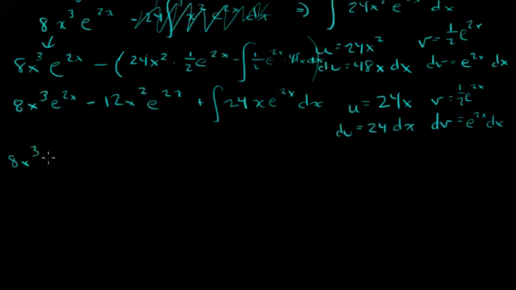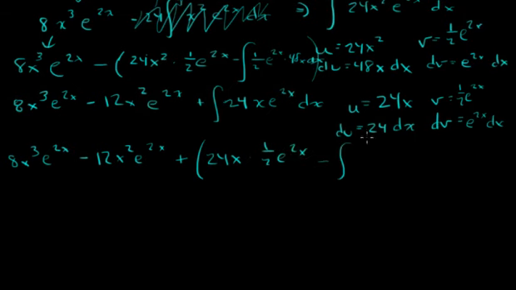Just writing everything again: 8x cubed times e to the 2x minus 12x squared e to the 2x plus, this is uv, 24x times 1/2 e to the 2x minus the integral of v, which is 1/2 e to the 2x, times du, so 24 dx.